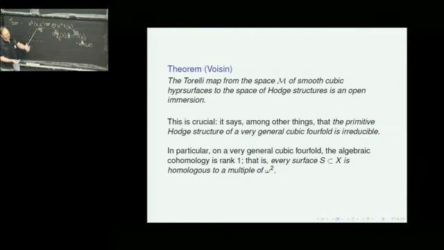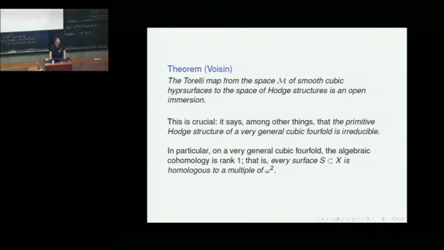And if you believe that, well, who would not believe Voisin, then what that says is that for a general such cubic fourfold, and correspondingly a general such Hodge structure, there are no other lattice points in that subspace H22. So every surface on such a cubic fourfold is homologous to a multiple of omega squared. It's homologous to a complete intersection if it's not a complete intersection itself.